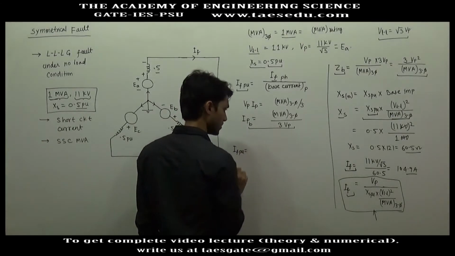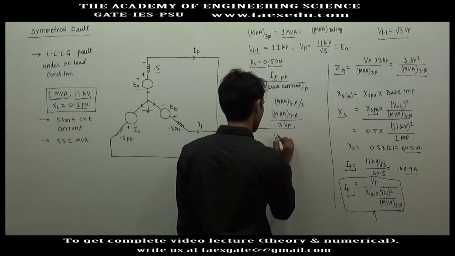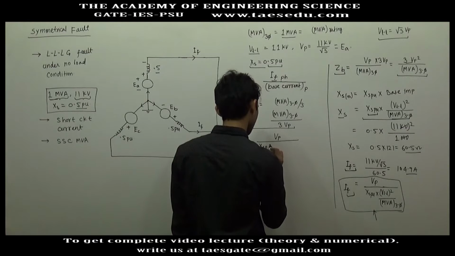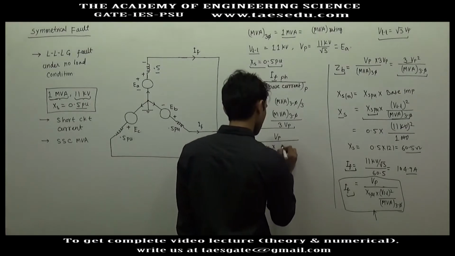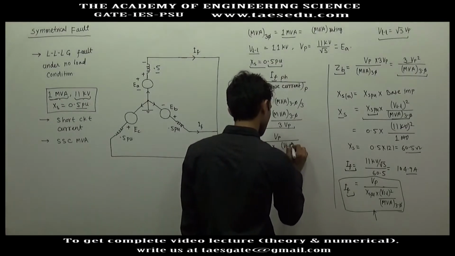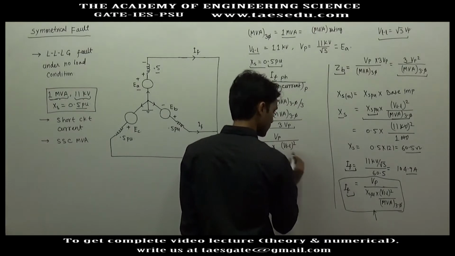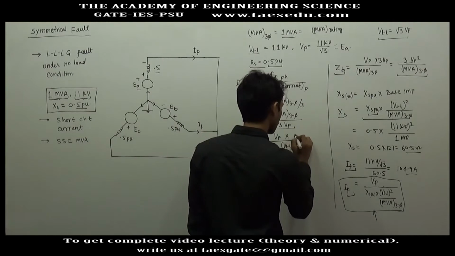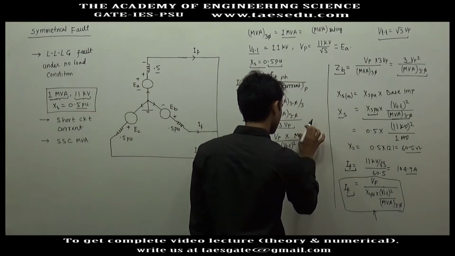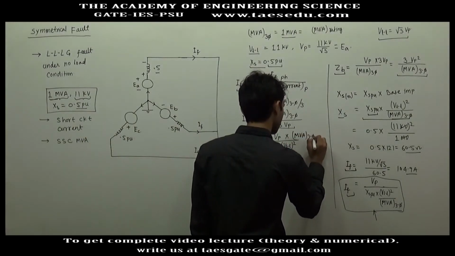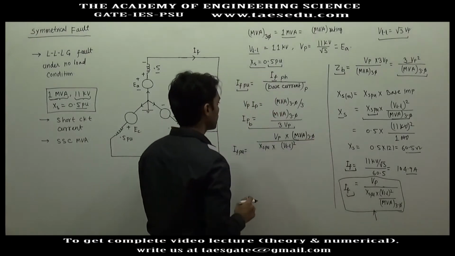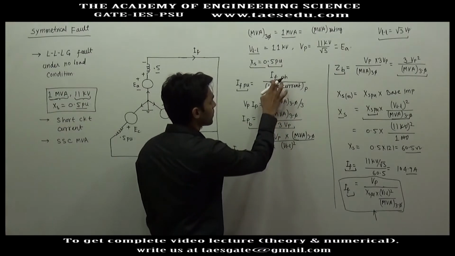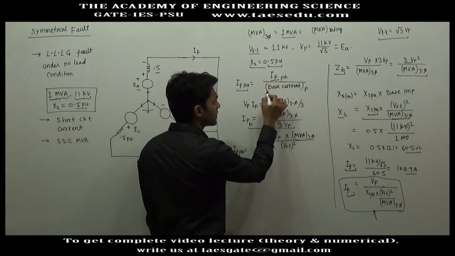IF PU will be VP divided by XS PU into VLL square, and this will go into numerator, MVA 3 phase, and then you have to divide with this quantity. This is per phase value of fault current divided by base current.